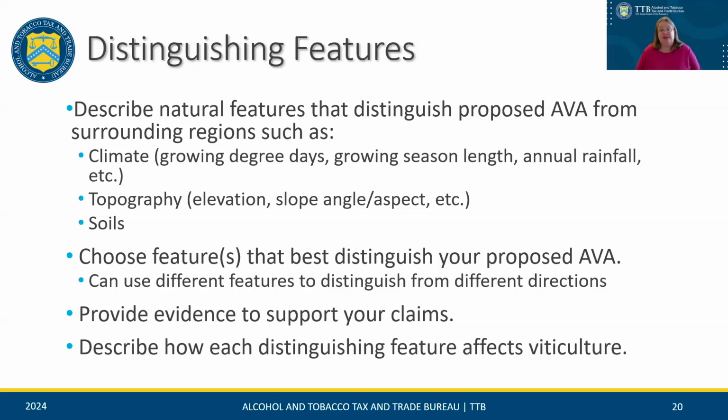Like name evidence, you're going to have to provide distinguishing feature evidence to support your claims, because again, we're not just going to take you at your word. And finally, you're going to need to describe specifically how each of your distinguishing features has an effect on viticulture. For instance, does it affect canopy growth, or bud break, or harvest dates, or root depth, things like that. Be as specific as possible.